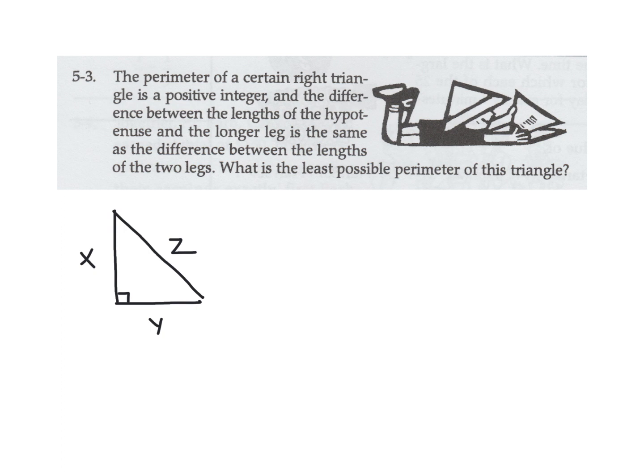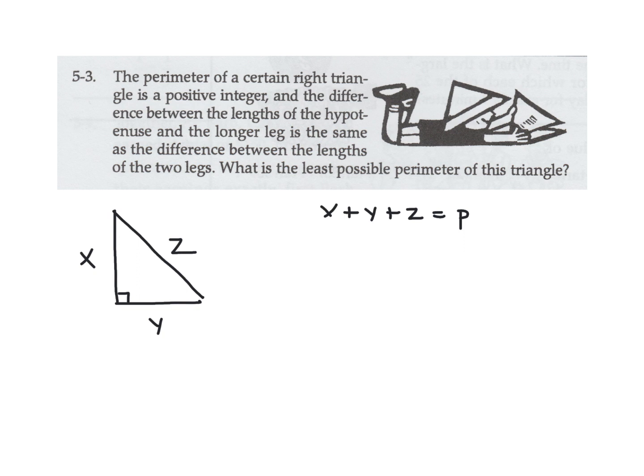Now let's look at what they're saying. The perimeter of a certain right triangle is a positive integer. All right, so x plus y plus z is some positive integer, and we'll just call that p. The difference between the lengths of the hypotenuse and the longer leg.